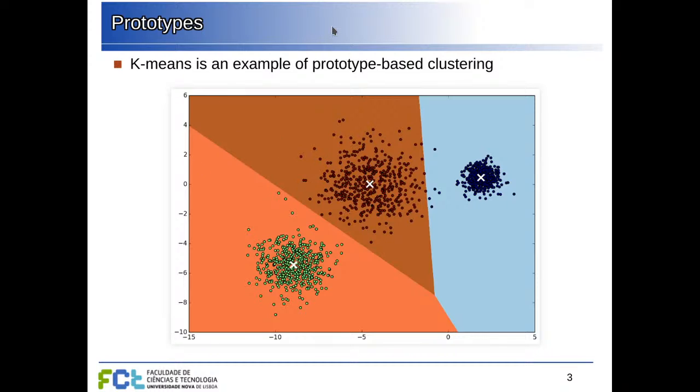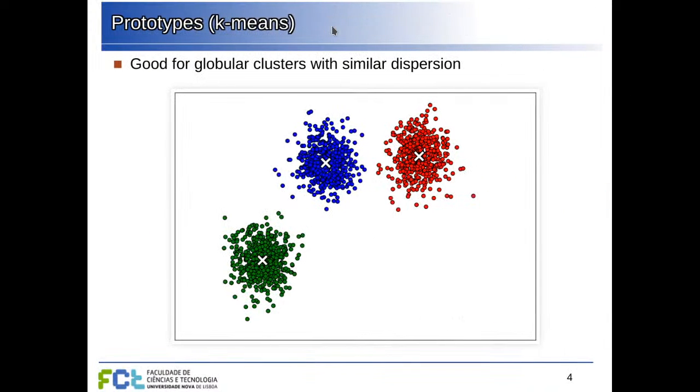This is good for globular clusters with similar dispersion, because if you have points distributed like this, if you find the correct number of centroids, then you get a very good clustering of these points, but only if you find the correct number of centroids. For example, if we have the same distribution of points, but we try to cluster them into 2 clusters instead of 3, then we get something that is not very good.